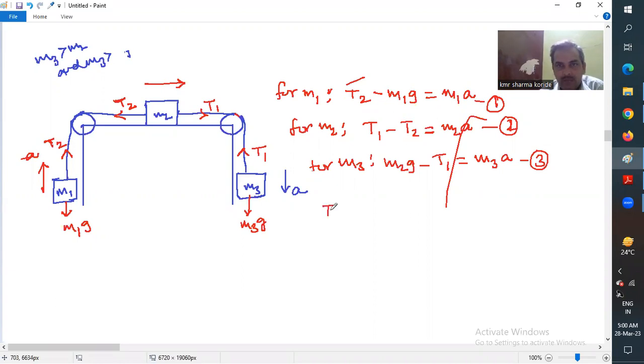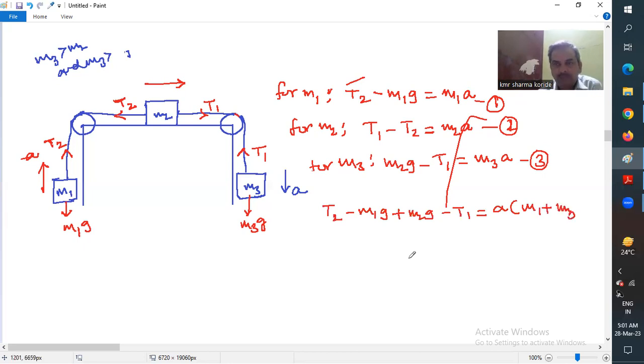It is going to be T2 minus M1G. Let us not change any sign, just add directly, plus M3G minus T1 is equal to A of M1 plus M3.